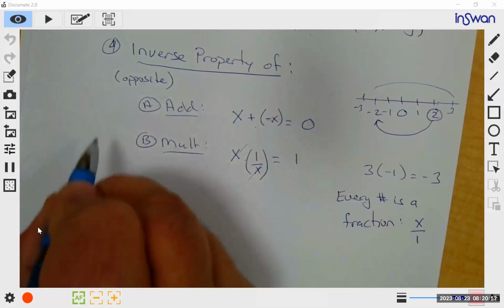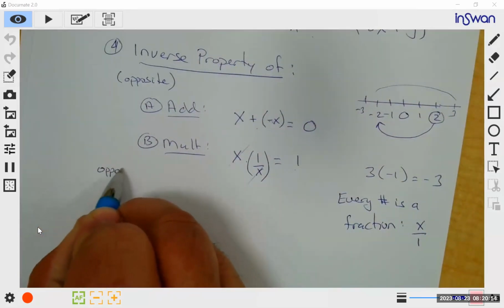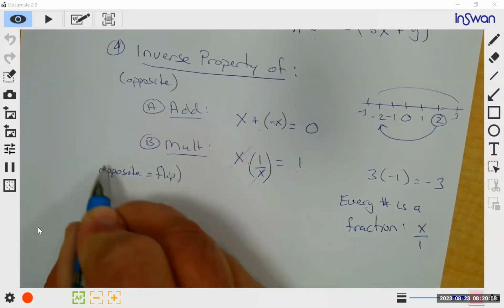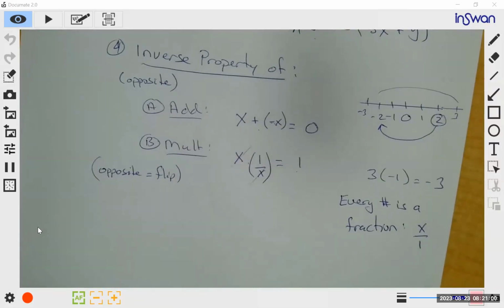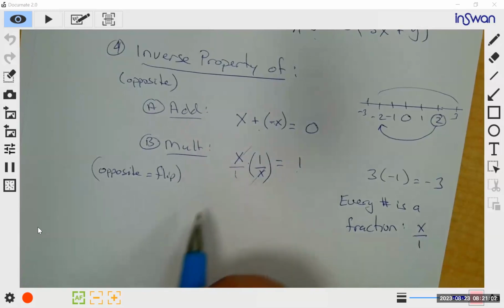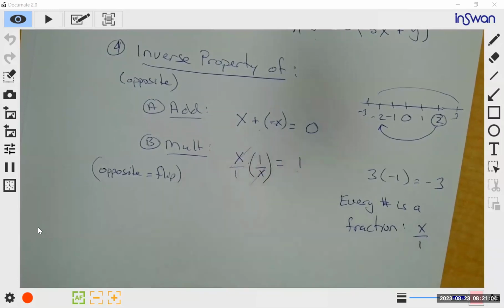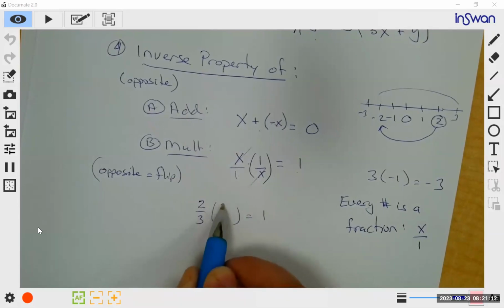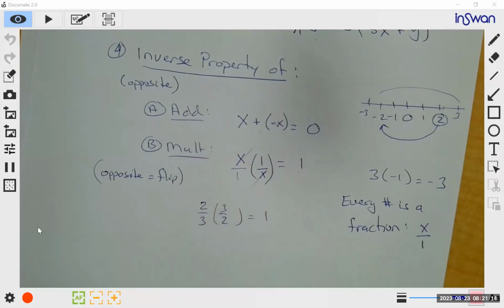So opposite equals the flip. Since this is x over 1, I flip it and multiply to it. So what's the opposite of 2 over 3? 3 over 2. That's the inverse.